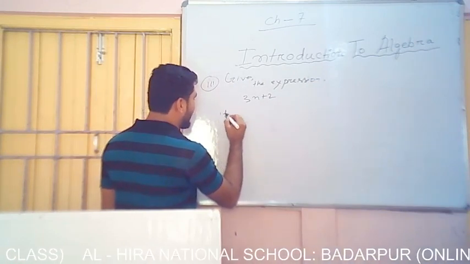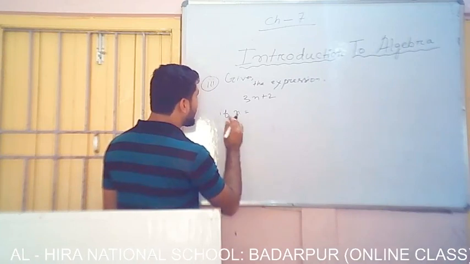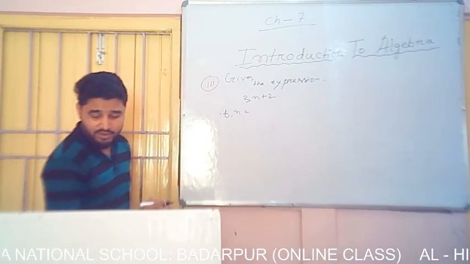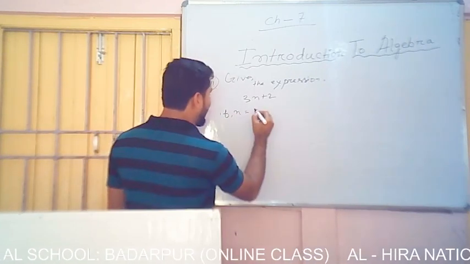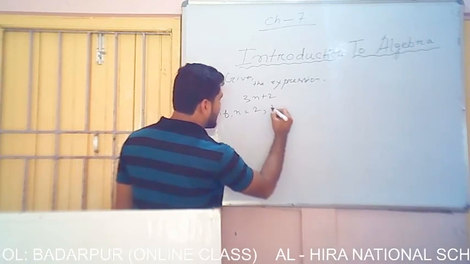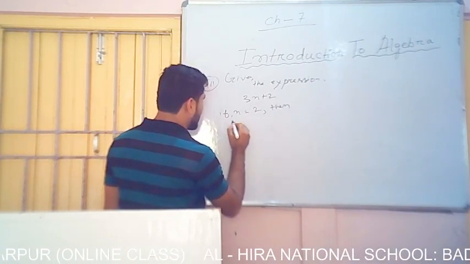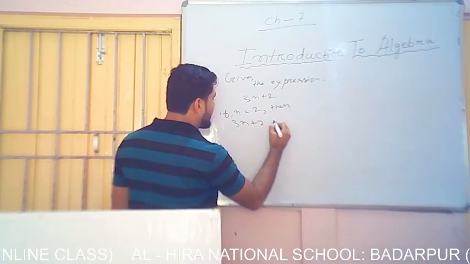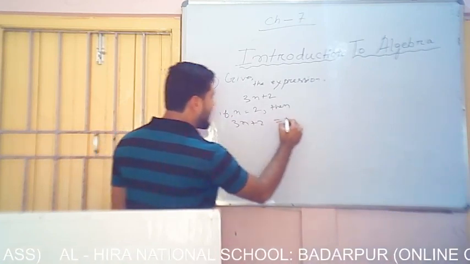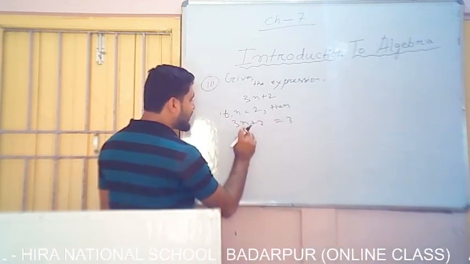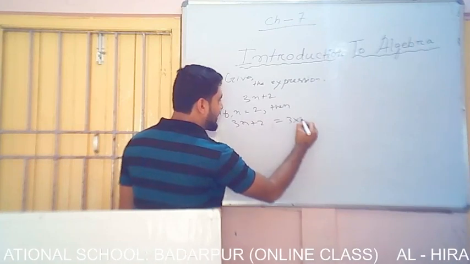So if n equals 2, first, if n equals 2, then 3n plus 2 will be 3, in place of n I can write 2.